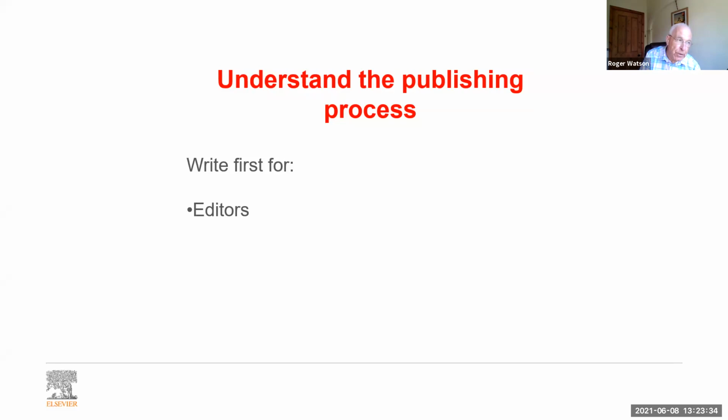But really, you need to think about what the editors want at the beginning of the process. If you don't satisfy the editor-in-chief that your paper is within the scope of the journal and that it's original and it's worth publishing, then you will not get onto the next part of the process, which is the reviewers.